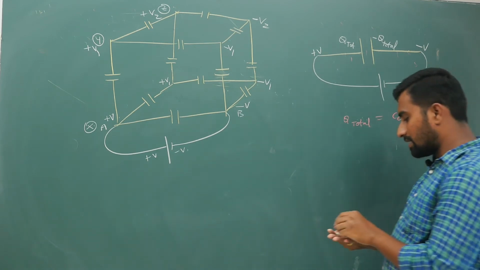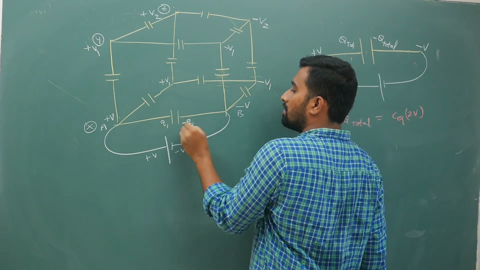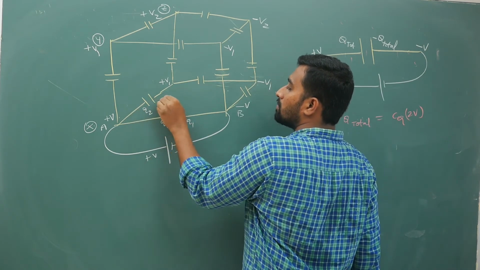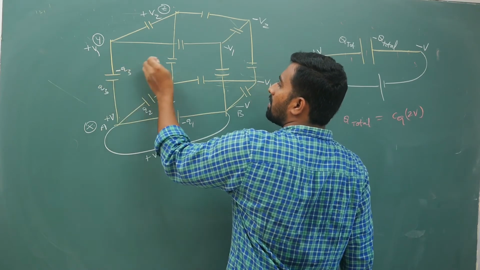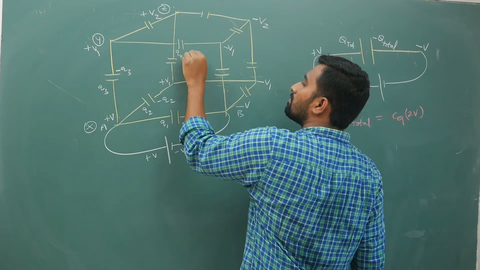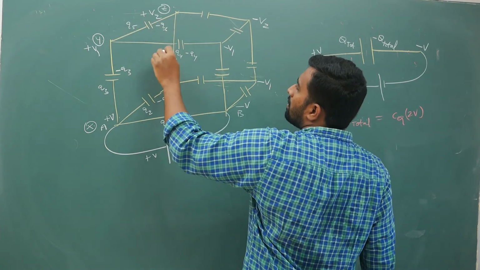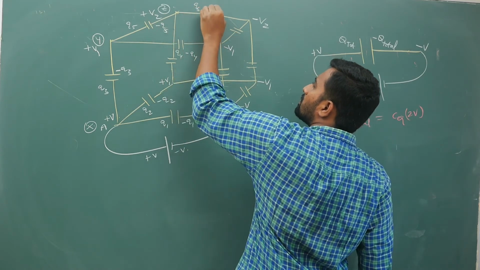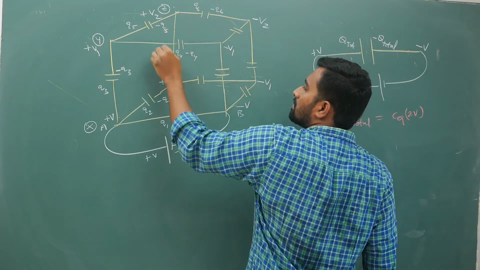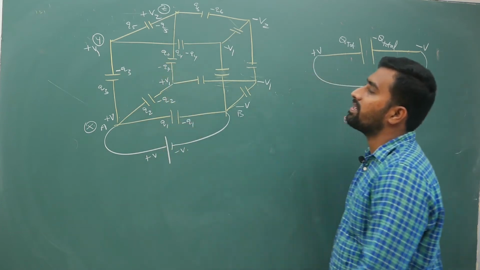The total charge is getting distributed into 3 capacitors here, plus Q1 minus Q1, plus Q2 minus Q2, plus Q3 minus Q3, here it is Q4 minus Q4, Q5 minus Q5, and it is going to become Q6 minus Q6, and Q7 and minus Q7 on the vertical face.